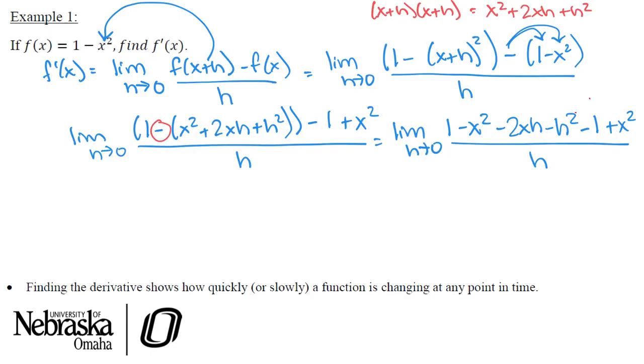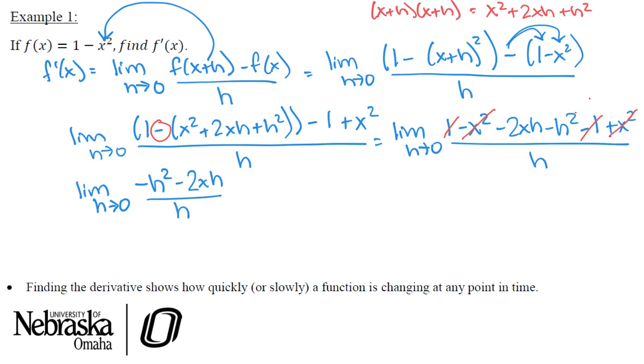Generally speaking, and it's true for this problem, many of our terms will drop out. The x squareds will be gone, and the 1s will be gone. We are left with, in descending order, negative h squared minus 2xh over h.